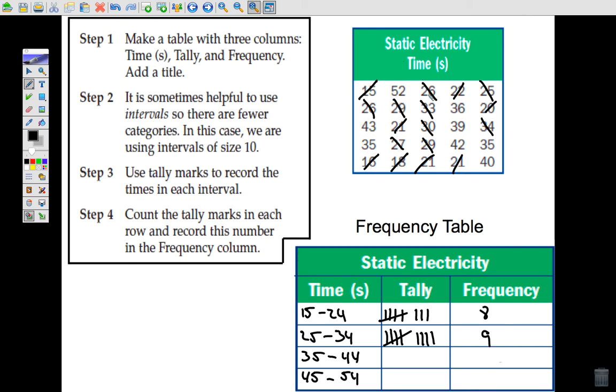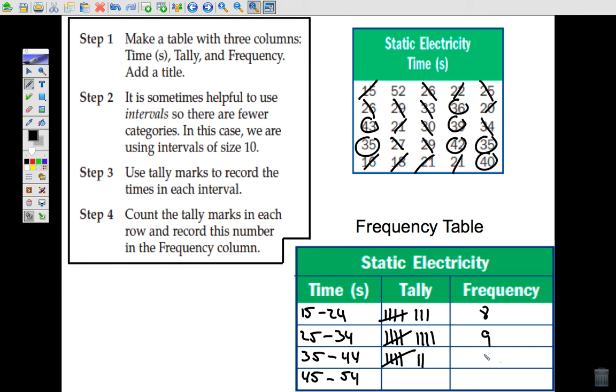Okay? So maybe now I move to circles to keep things straight. So 35 to 44. Okay? So 35. That'll be in there. There's 1. 43 will fit in there. 39, 35, 42 will work, so there's 5, 35 will work, and 40 will work, and I think that's it.